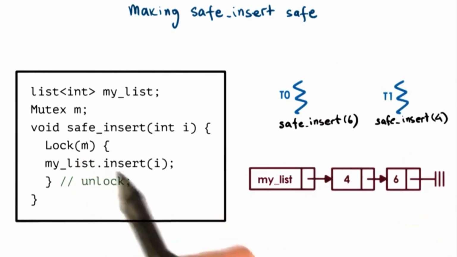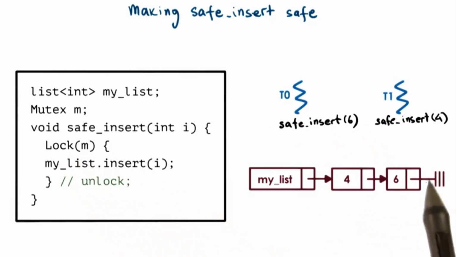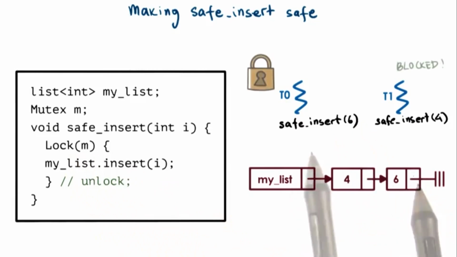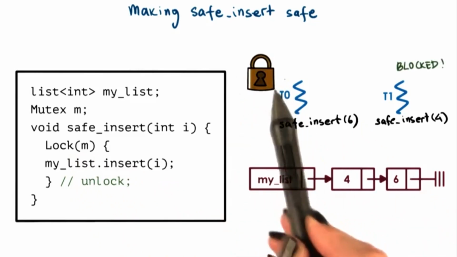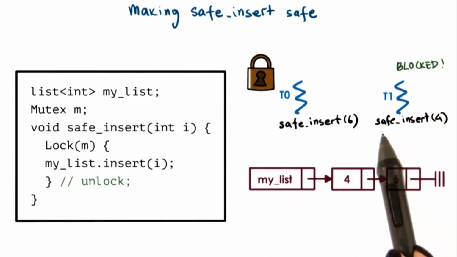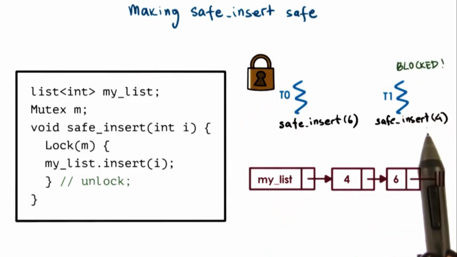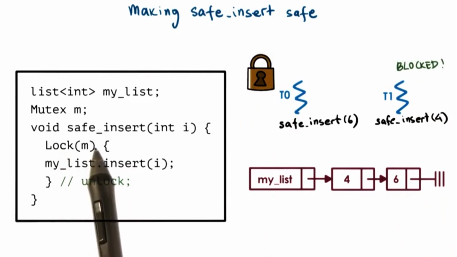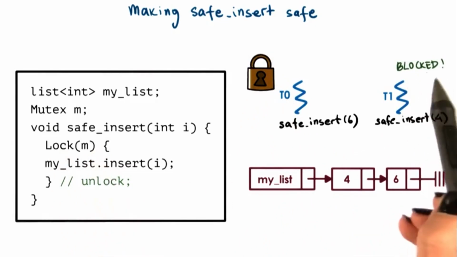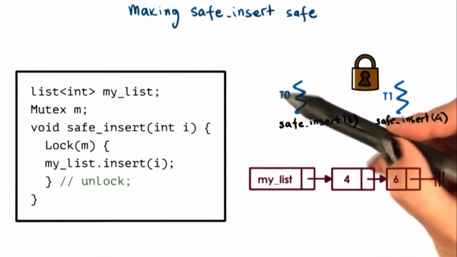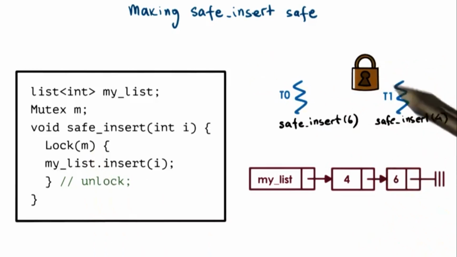It will acquire the lock and start inserting the element 6 on the list. What that means is T0 has the lock, and when T1, the child, reaches the safe insert operation, it will try to acquire the lock as well, and it will not be successful. It will be blocked. At some later point, T0 will release the lock, T1 will acquire the lock, and then T1 will be able to insert its element onto the front of the list.